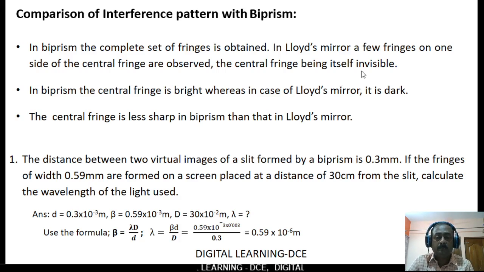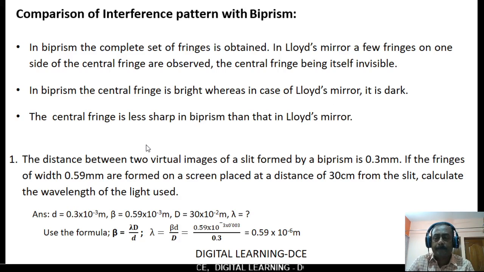In biprism, the central fringe is bright, whereas in the case of Lloyd's mirror, it is dark. This is the main difference. The central fringe is less sharp in biprism compared to Lloyd's mirror.